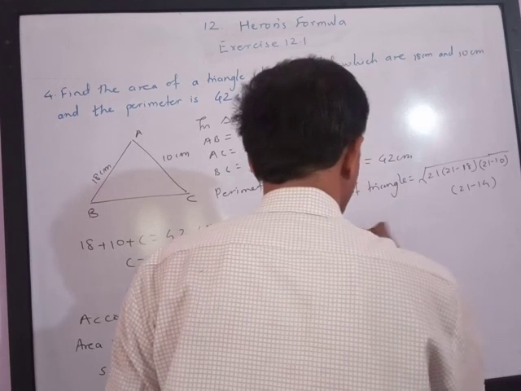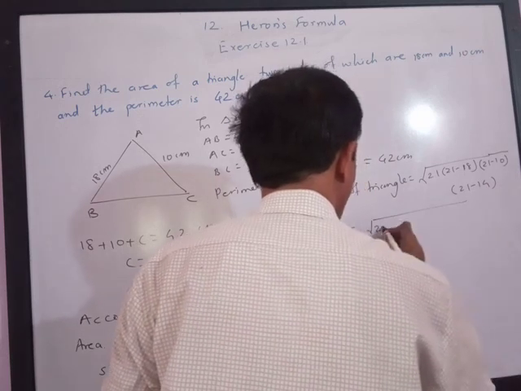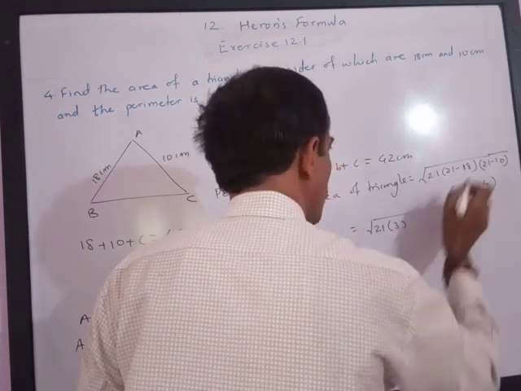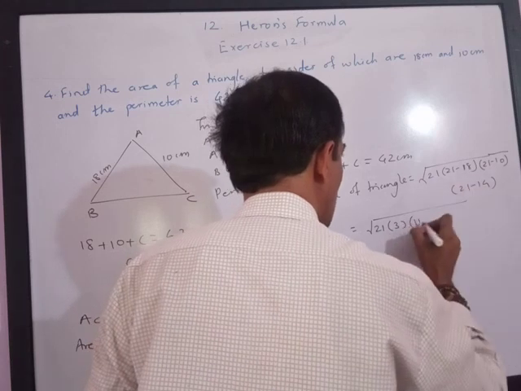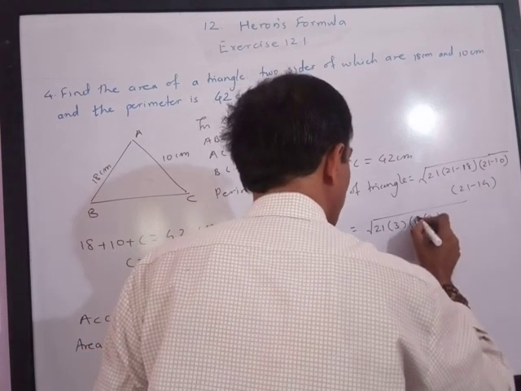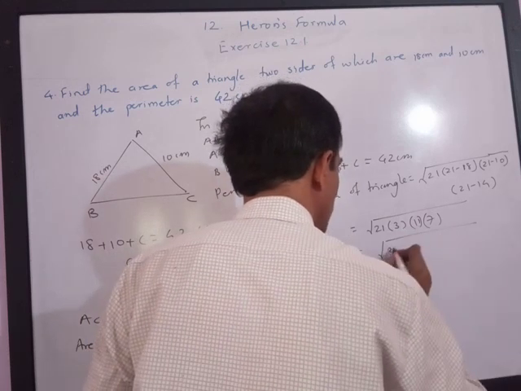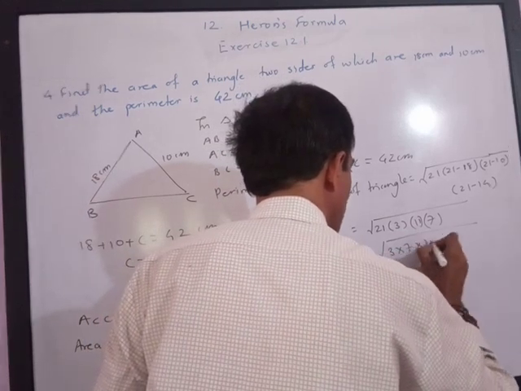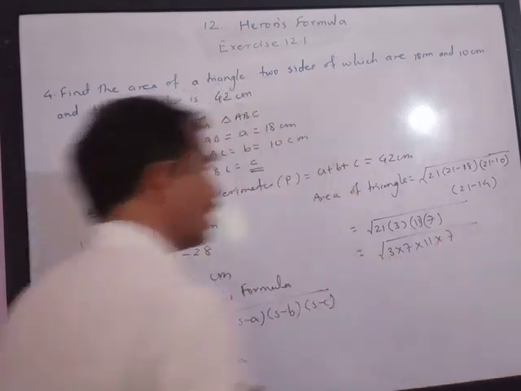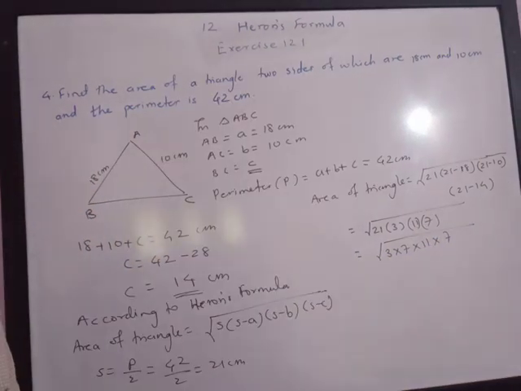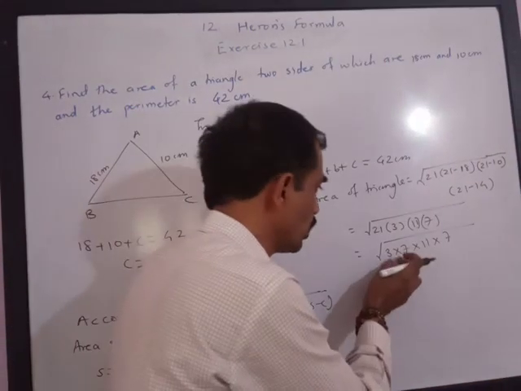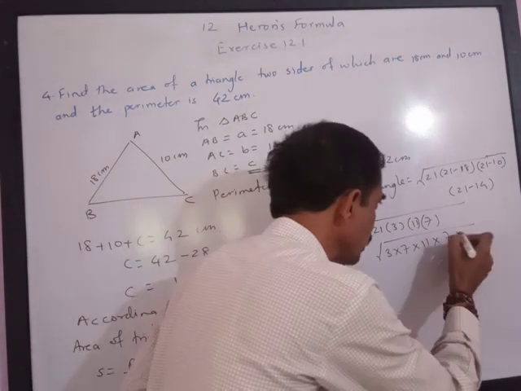So this is equal to under root 21, 3, 11 and 7. 21 is 3 into 7 and this is 11 into 7. This 3 was left.